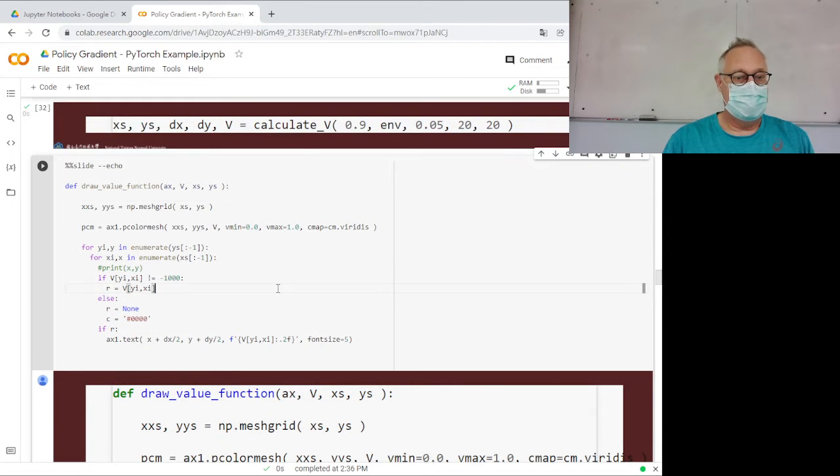And here is a heat map, a colored 2D representation of the value function then.